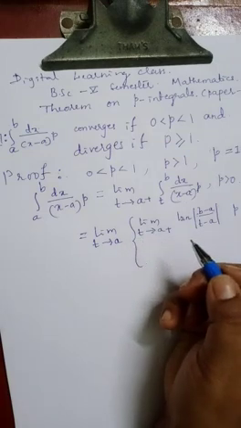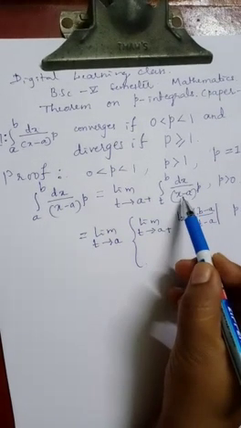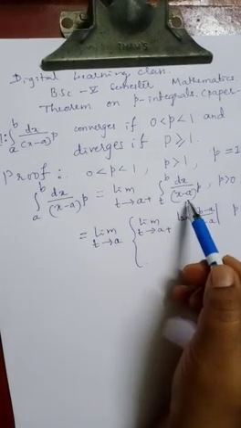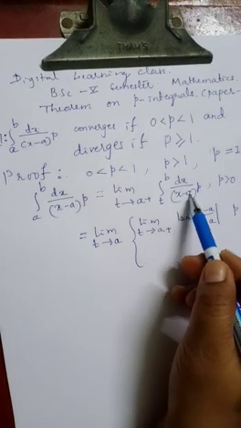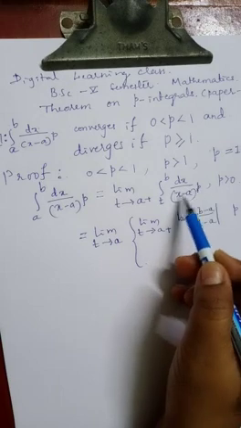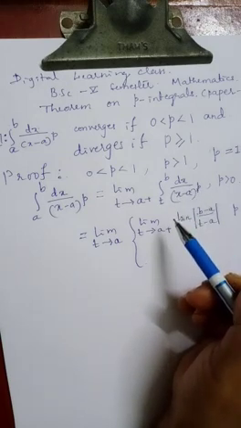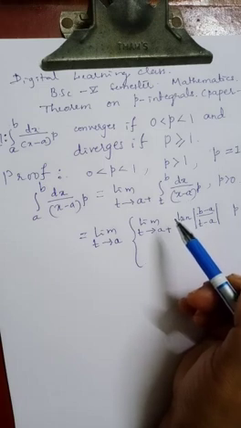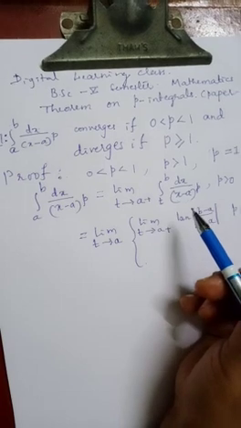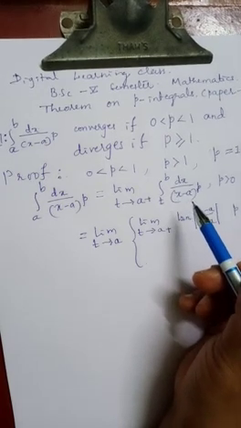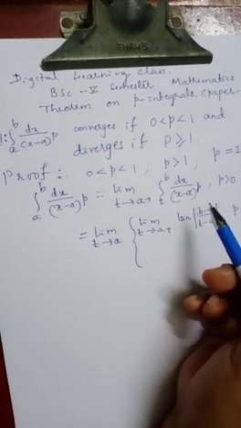When p is not equal to 1, the integrand 1 by (x minus a) raised to p, after integrating, becomes (x minus a) raised to 1 minus p divided by 1 minus p.